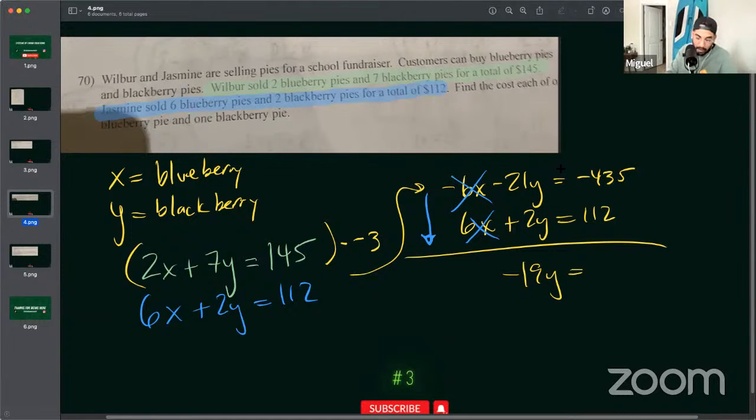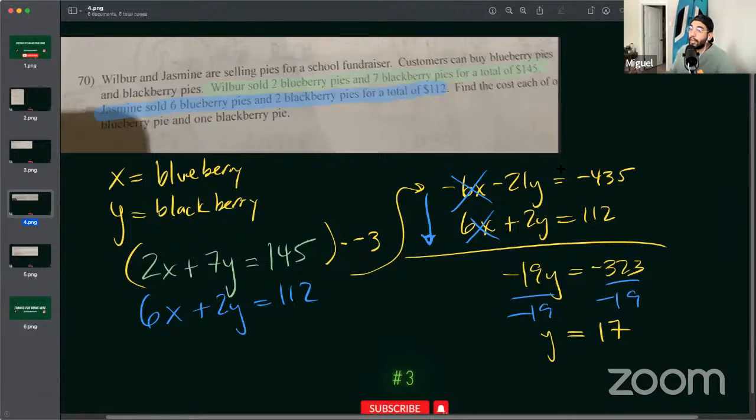And now we have to add the right side, -435 plus 112, that's -323. And I have one last step to do. Divide both sides by -19. And guys, we have y is equal to 17. Now keep in mind, y is equal to 17. That's technically going to be the price of each blackberry pie.